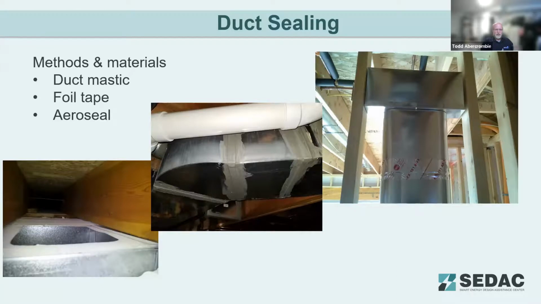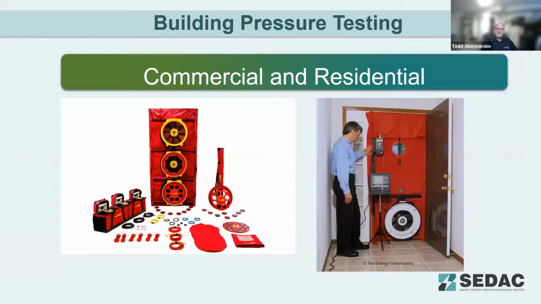But sometimes you need a little bit of a combination of things. Of course, using AeroSeal is going to be an expense. Some contractors look at that as saying, okay, there's an extra expense of bringing AeroSeal in, but I'm also saving all the labor of all the time spent sealing the ductwork. So there can be a cost benefit analysis that you have to think about there.